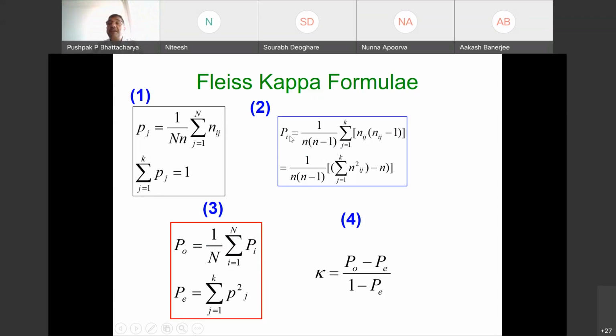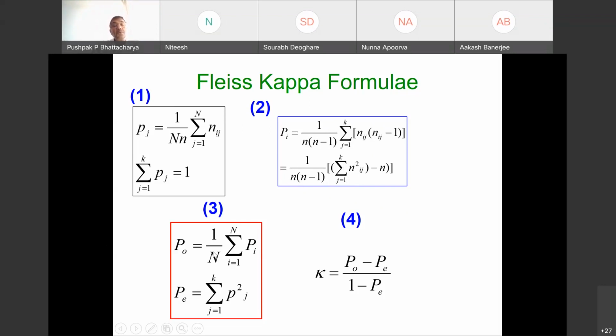Then small Pi is 1 by n into n minus 1, sigma j equal to 1 to k, nij into nij minus 1. When you do the algebraic manipulations, this becomes 1 by n into n minus 1, sigma j equal to 1 to k, nij square minus n.